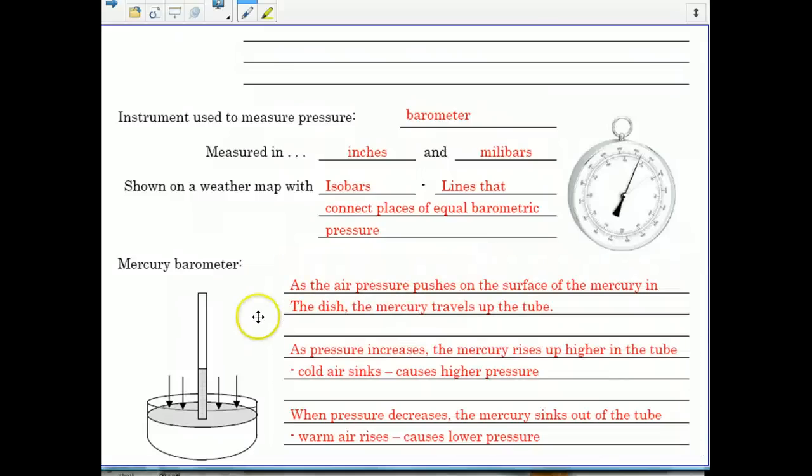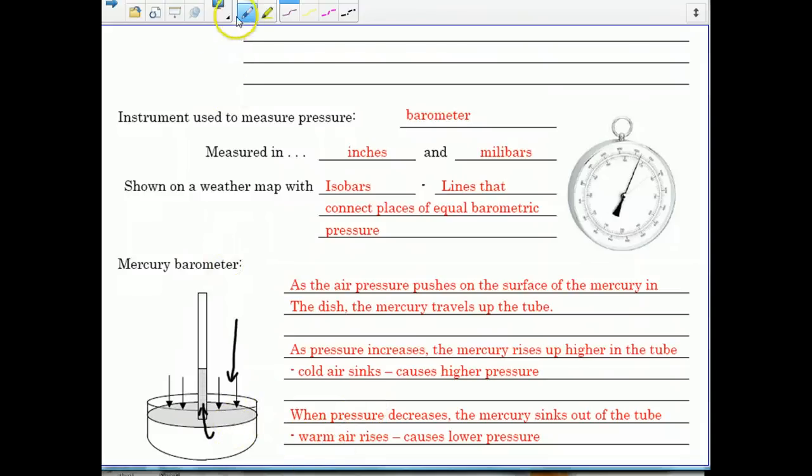So again, here's that notes on this mercury barometer. As air pressure is pushing down here, as this is pushing down more and more, if we get more air, higher pressure, it causes the mercury to push up in this tube. And the higher the pressure, the more weight is pushing down on us. And then vice versa.